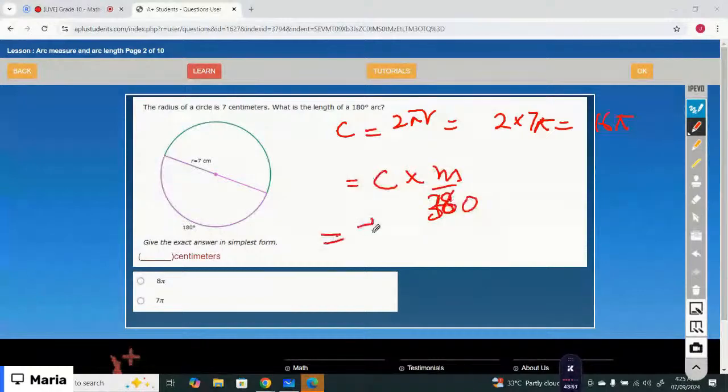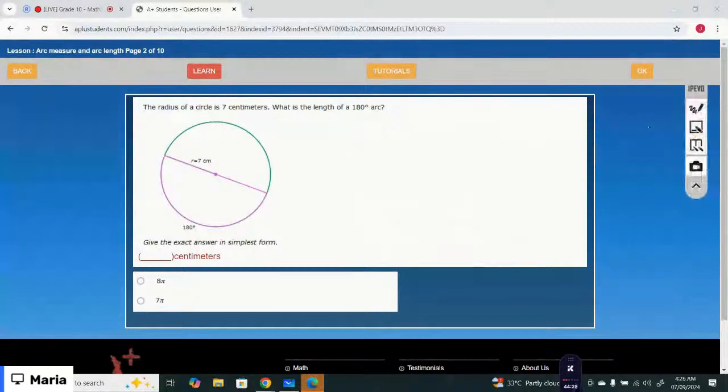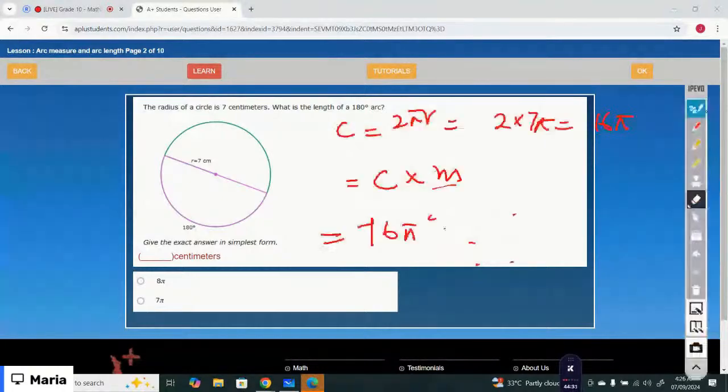So the circumference is 14 pi, m is 180 degrees, divided by 360.